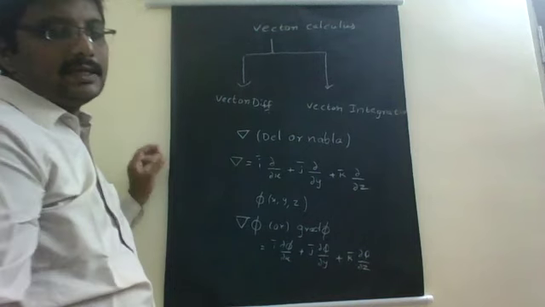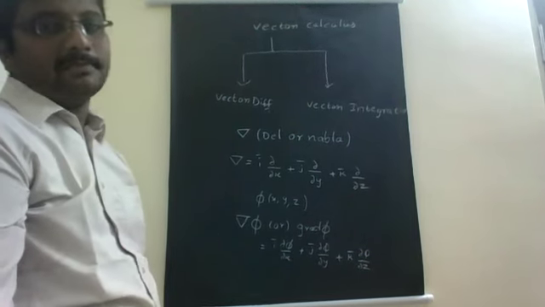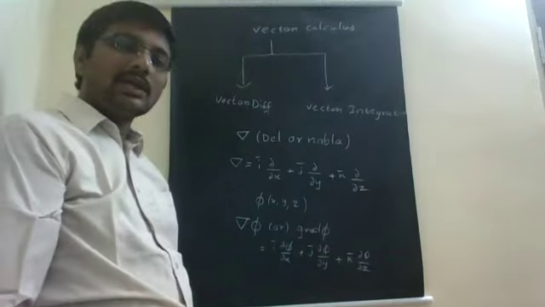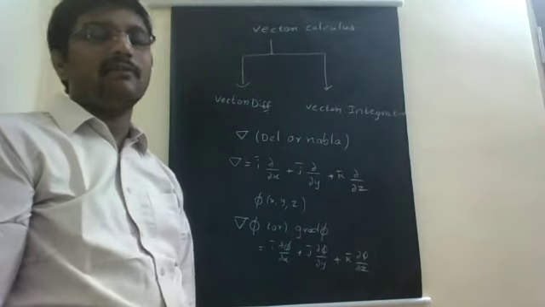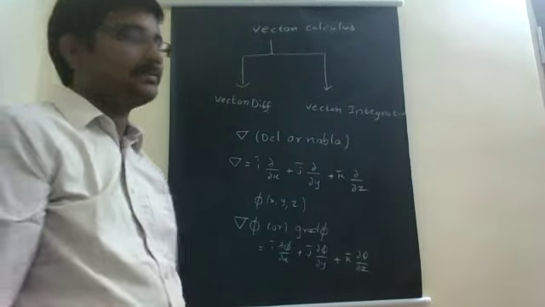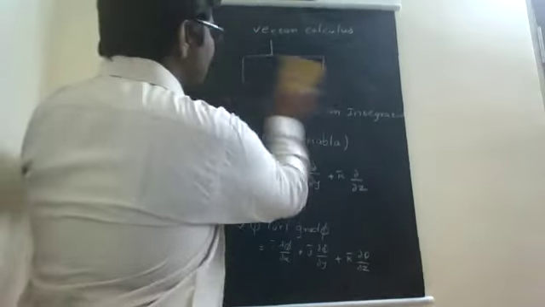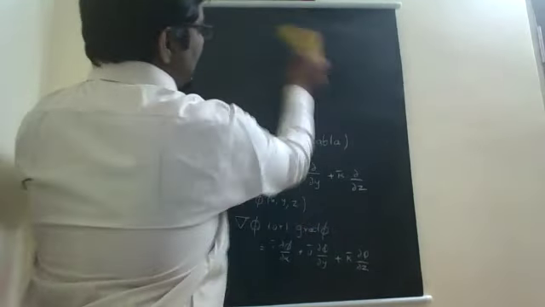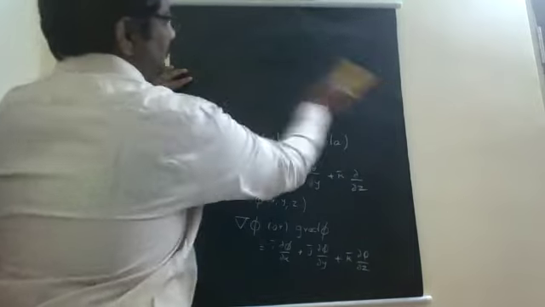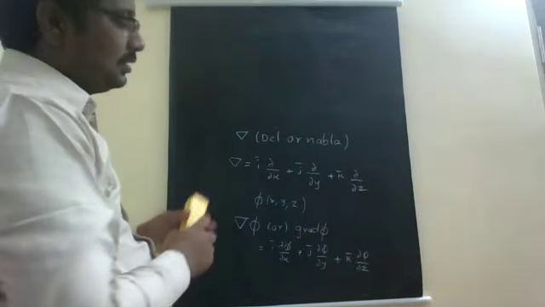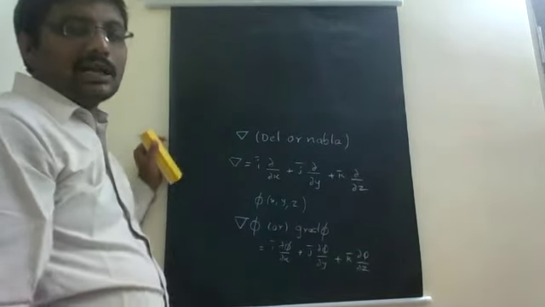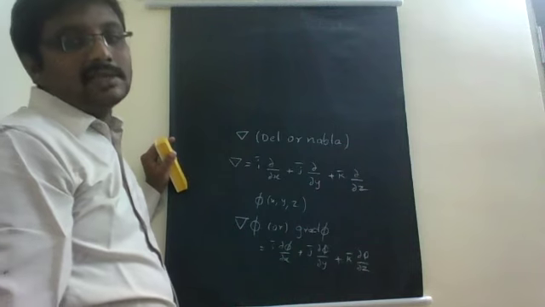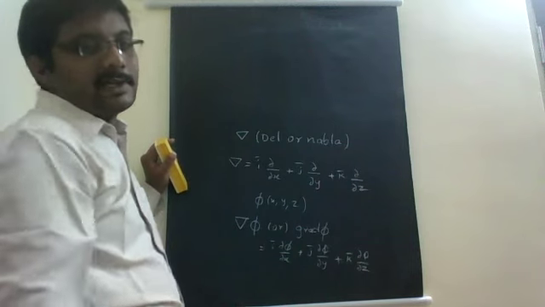So it is del phi or grad phi, and we will have the geometrical representation of del phi or grad phi. The geometrical representation is that del phi or grad phi is normal to the surface phi of xyz.